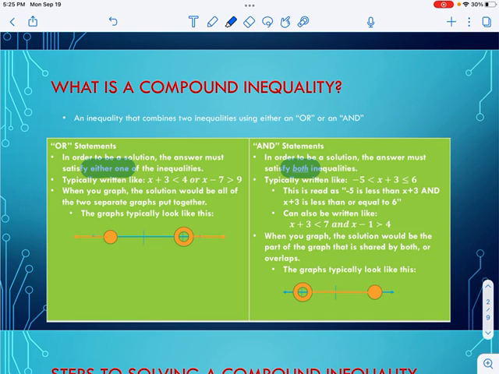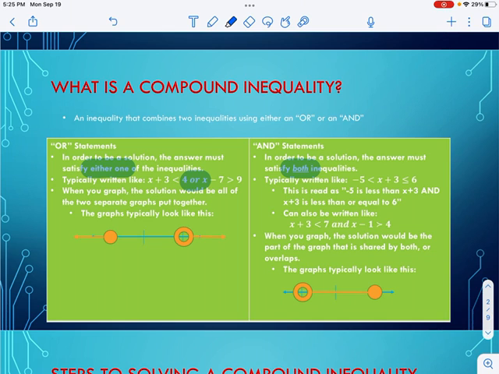With an "or" statement, what that's basically saying is you've got to complete one or the other. With an "and" statement, you have to satisfy both; both have to be true. Now, typically, an "or" statement is written like this, where it'll say an inequality or another inequality. When you graph those, you solve them just like we've always been doing with one-step, two-step, multi-step.